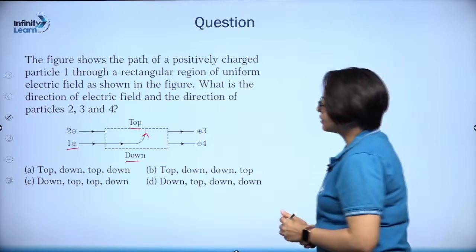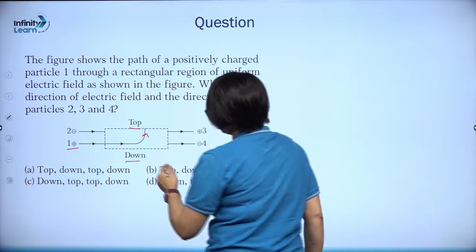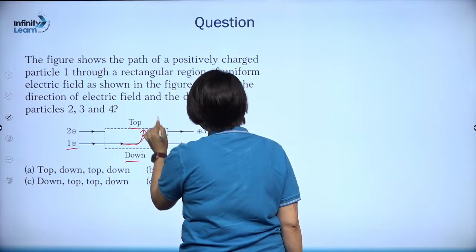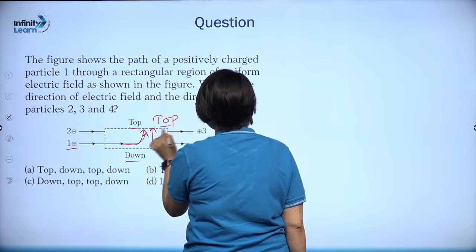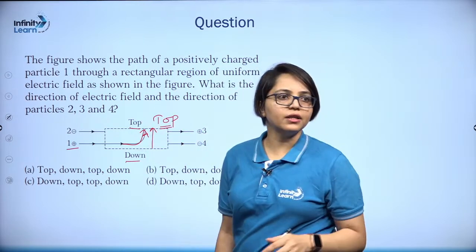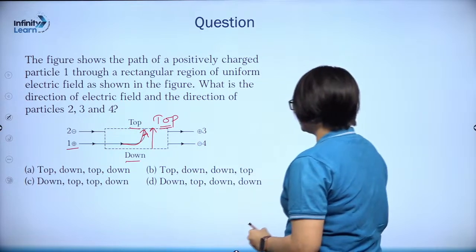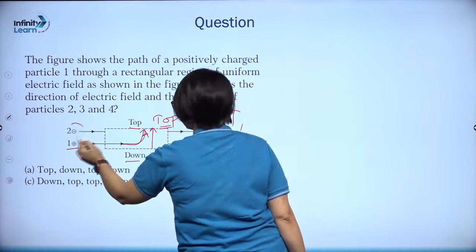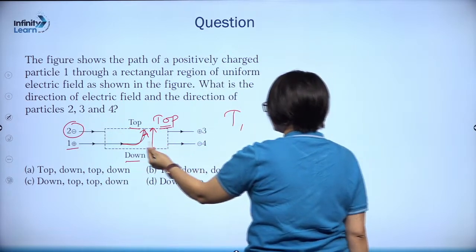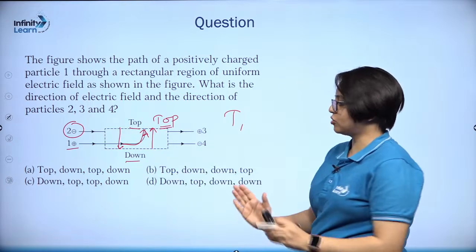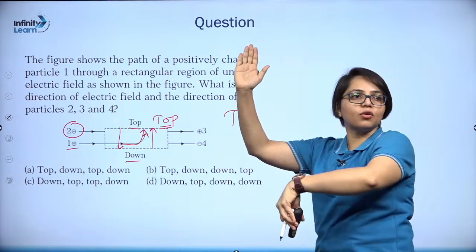Come on guys. If it is positive charge and it is deflecting towards top, that means the electric field should be towards top, right? Because it will deviate in the direction of electric field. So over here electric field is top. Now if you throw this negative charge in this region, it will deflect towards down, because if electric field is upward, it will move in the downward direction.